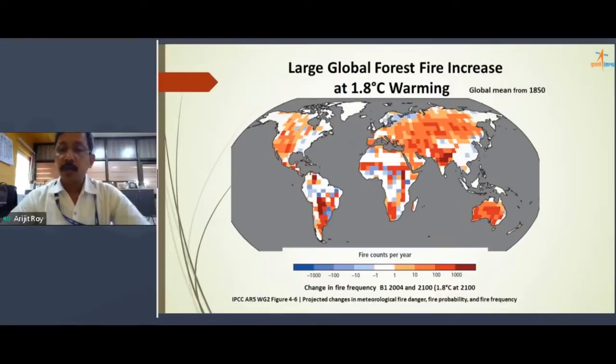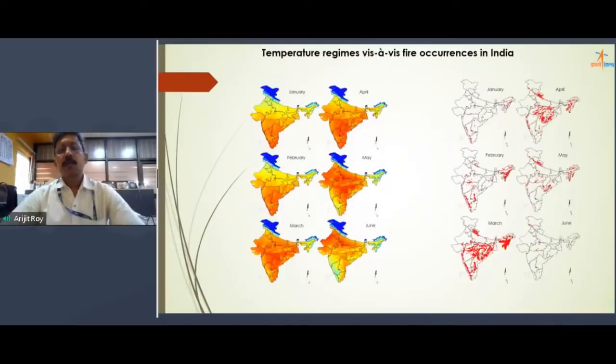In fact, now the Western Himalayas have a huge amount of forest fires going on. So the situation is very alarming. And we can all see that temperature has a very direct impact on fire occurrences in India.